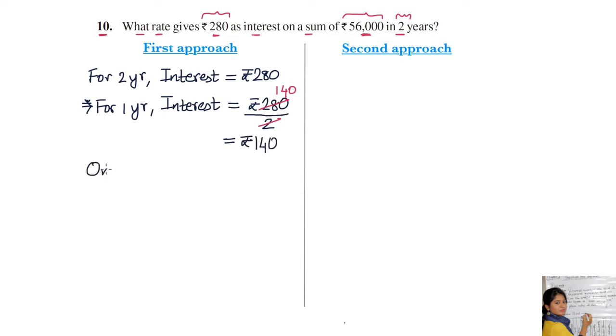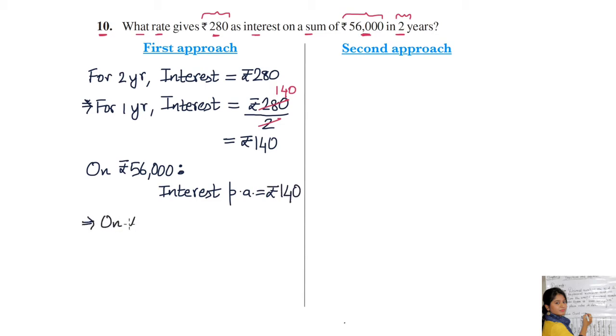What it basically means is that on rupees 56,000, we are trying to find how much interest per annum has been made. So interest per annum, we write as PA, is rupees 140 for 1 year, right?